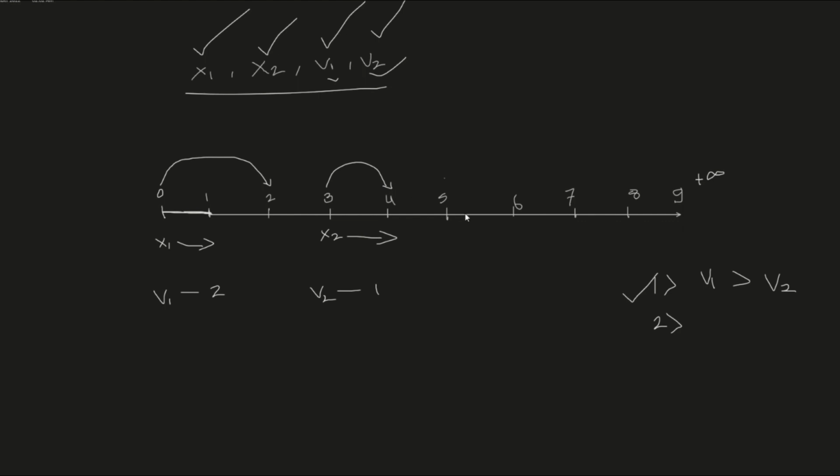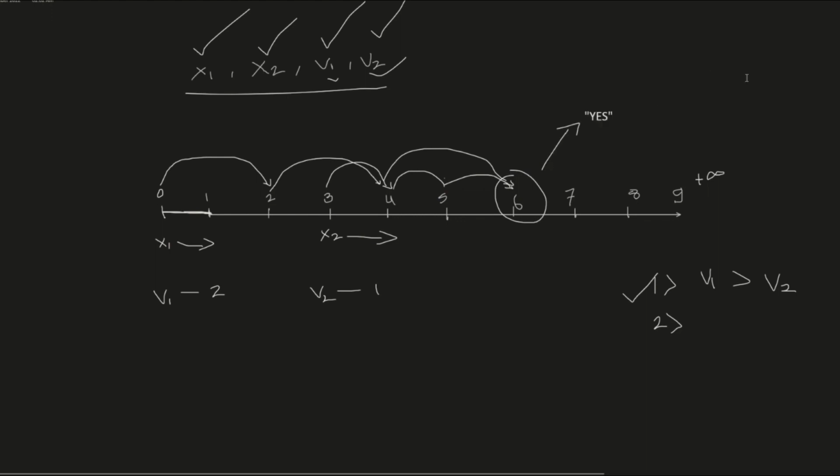And again, the first will jump from 2 to 4, and the second will jump from 4 to 5. And now in the third jump, the first will jump from 4 to 6 and the second will jump from 5 to 6, and they met. This is where we know that they met, and we have to return the string yes. Otherwise we have to return no.